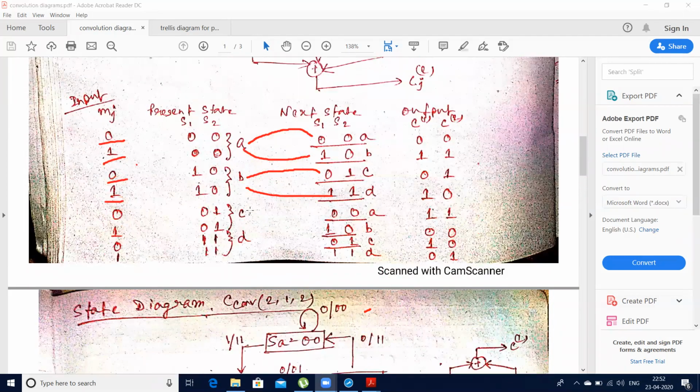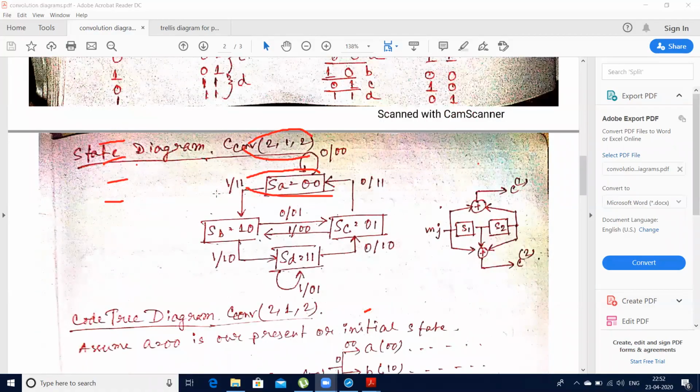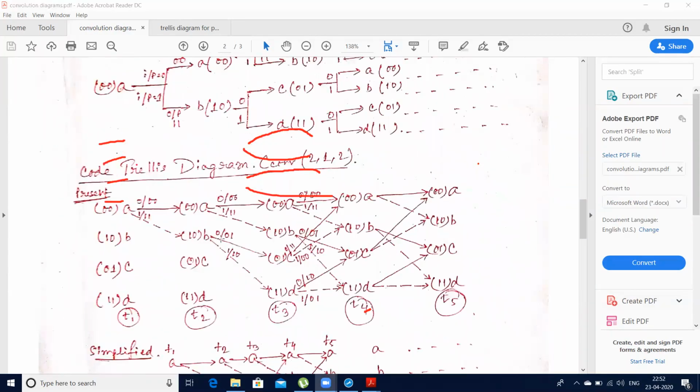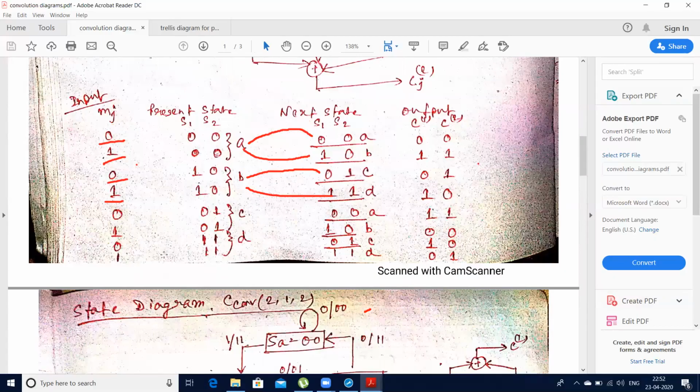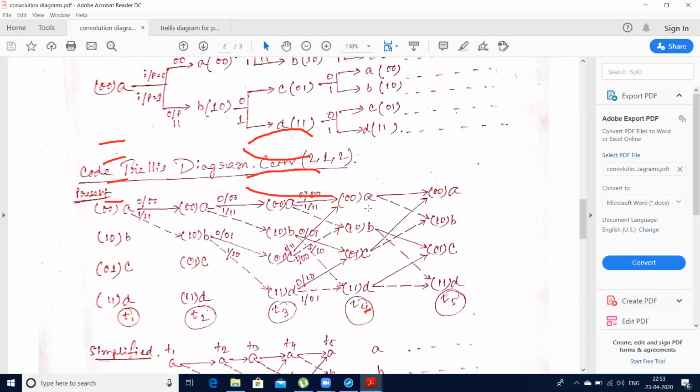That is written here: when 0 is the input and 01 is the output, B will be converted to C. When 1 is the input and 10 is the output, B will be converted to D as the next state. So here it is written that 1 is the input and 10 is the output, and B is converted to D.